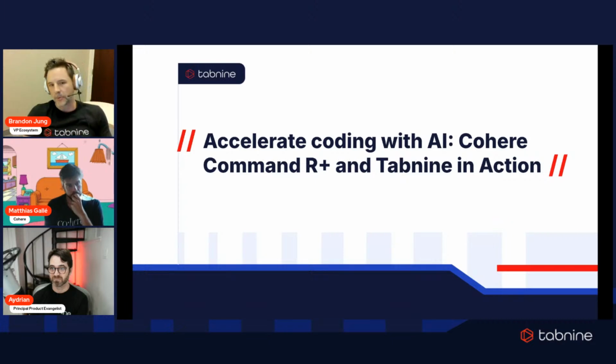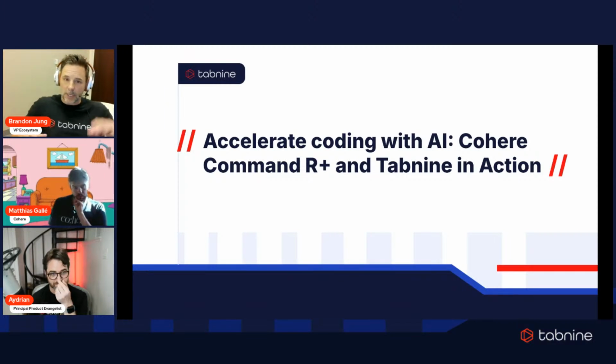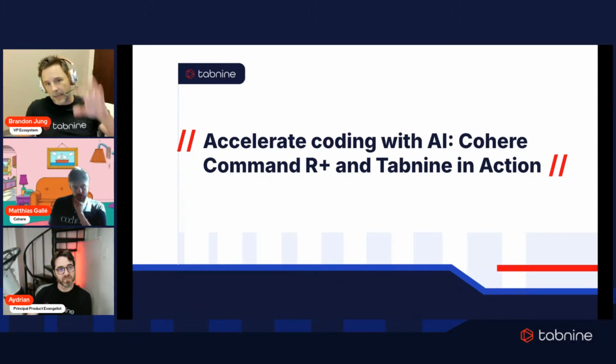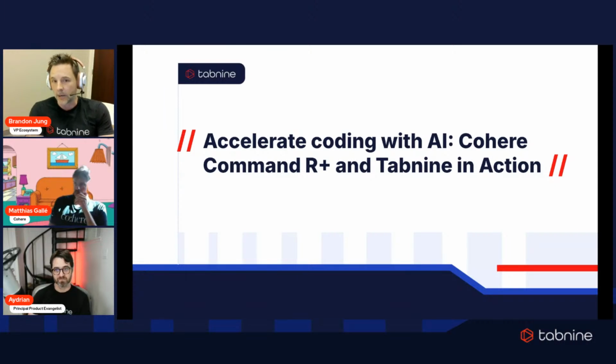We're going to see some demos. We can obviously get more depth, and there's a ton of stuff out there, largely by Adrian, on YouTube. But understand that Tabnine is the application, the interface layer that you might be using to interact with generative AI in your code space. And today we've got Cohere joining us with their Command R+ model to talk through how that's powered.